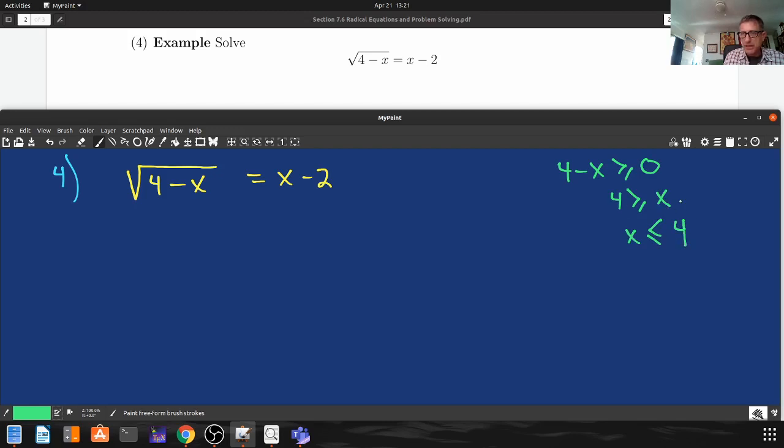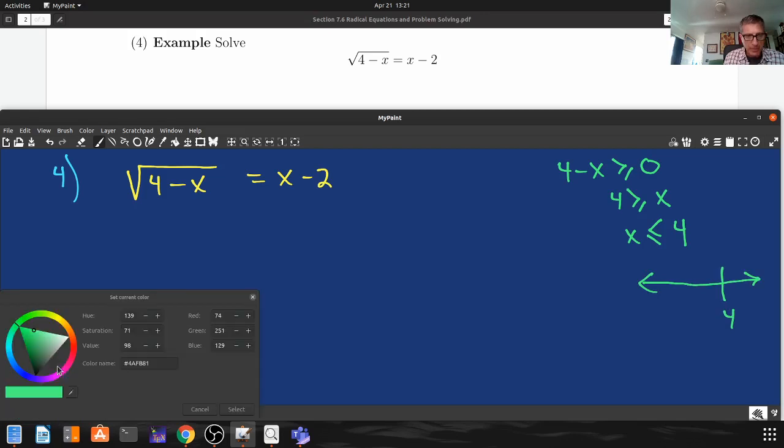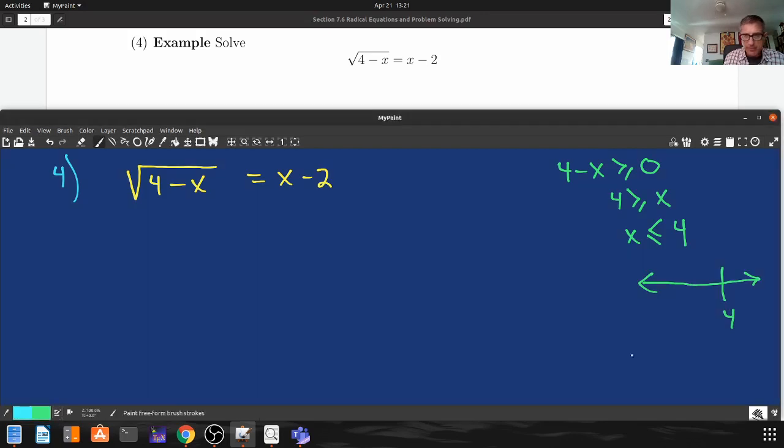Both of these say the same thing. If you have your number line, and right here is 4, then my values of x include 4, and they have to be less than 4.